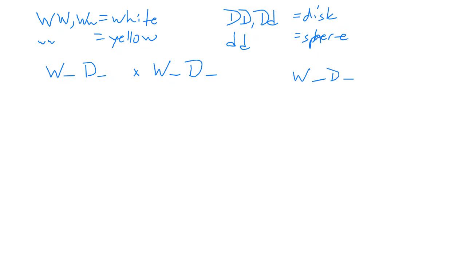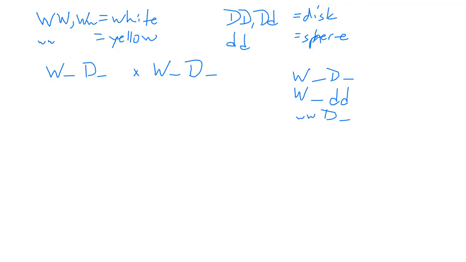We get white sphere next. So white sphere, again we know it's that, and sphere shape, well now we know it's got to have two little d alleles to be sphere-shaped. The other offspring, yellow disc, well, yellow, we know it's got to be two little w's to be yellow, and it's a yellow disc, so we know it has to have at least a big D allele.